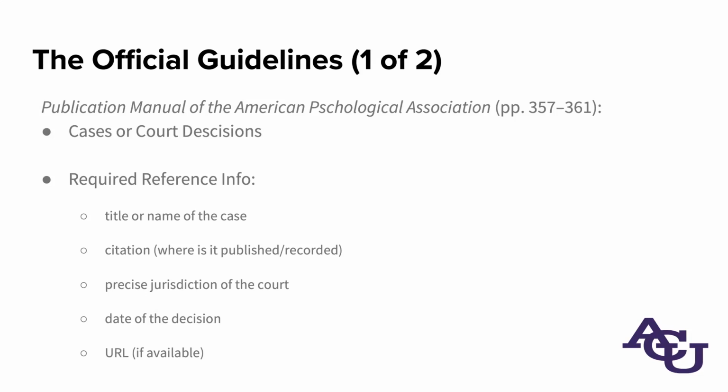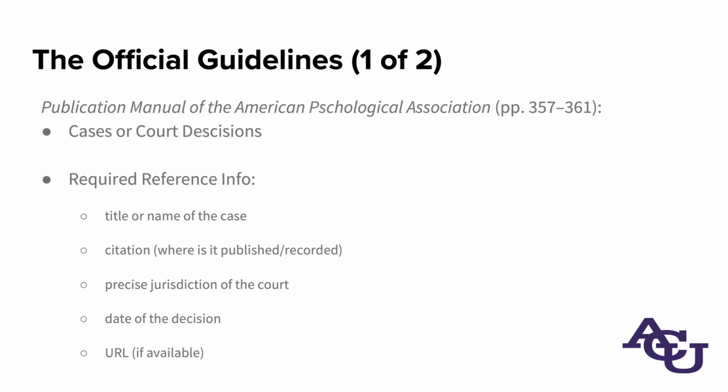And the normal course is that it'll rise up, so it might go from a local court to a state trial court to a state appellate court to a state Supreme Court. But once it goes to the U.S. Supreme Court, there's no higher authority in legal terms. So you'd usually be referencing the final one, which will itself make reference in summary to the ones before it. So that's the precise jurisdiction of the court.